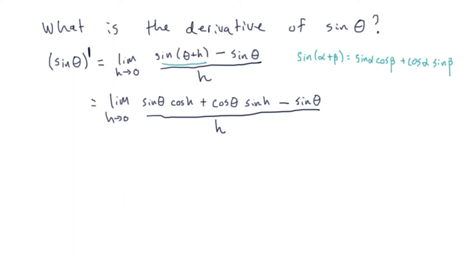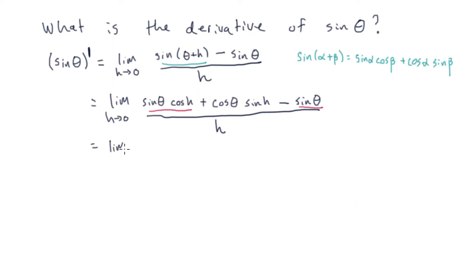Alrighty. So now things are looking a little bit better because I see at least I can factor out from two of the terms a factor of sine theta. I don't know where that's going to get me, but I don't have anything else to do. So let me group this term and this term together, and then we'll leave that term on its own.